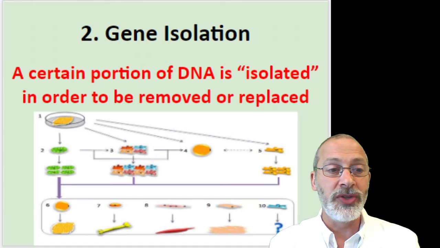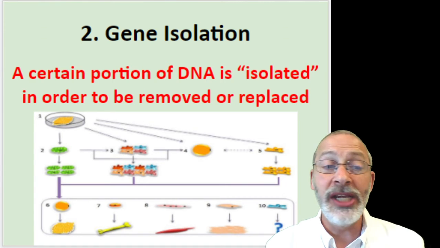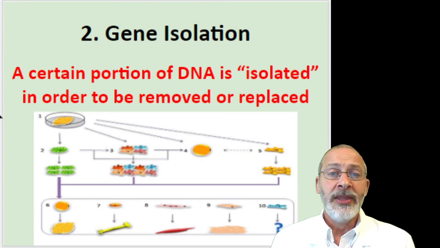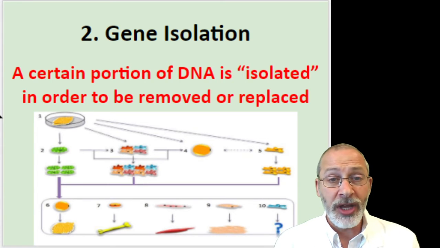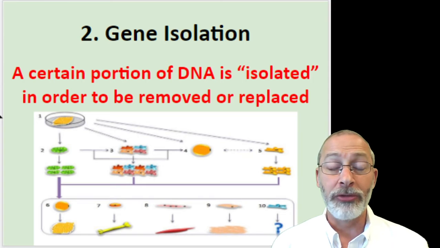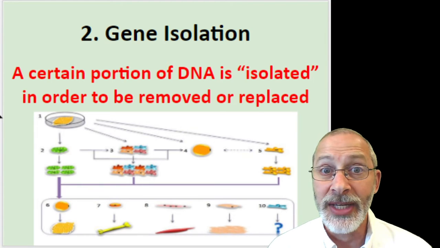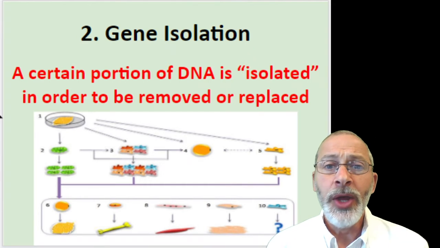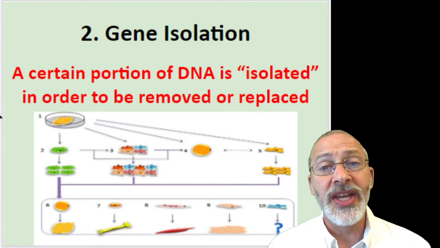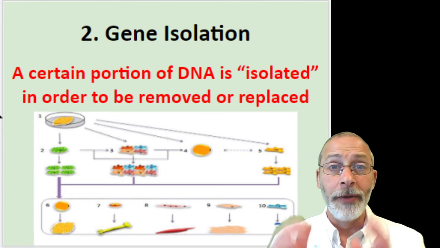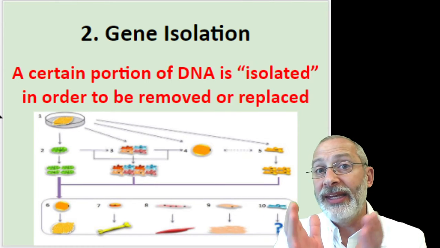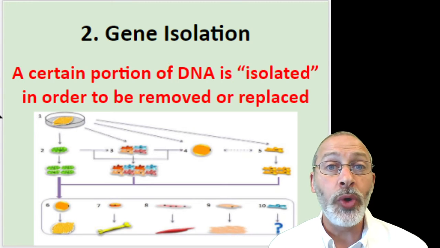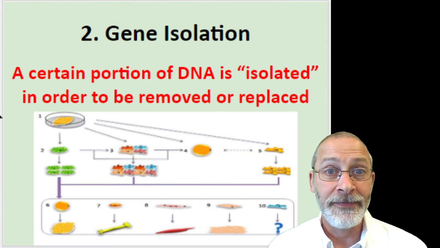Let's move on to the second one, which is gene isolation. Gene isolation is when a certain portion of DNA, and again, we remember what DNA is, deoxyribonucleic acid, is isolated or identified in a narrow segment in order to be removed or replaced.